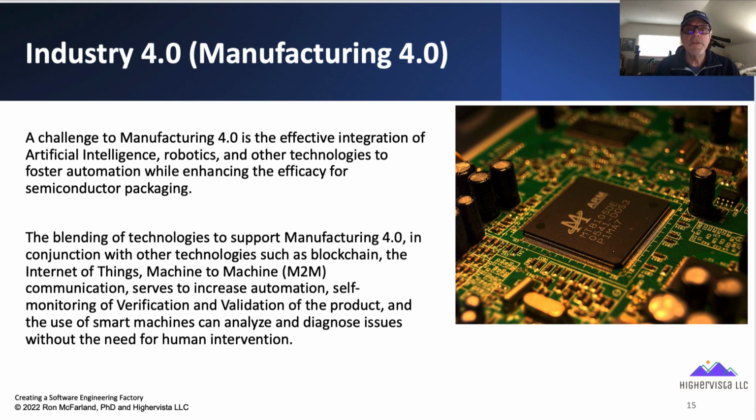Self-monitoring of verification and validation, we'll talk about that V&V at the end, and that's tied strongly to quality management. And the use of smart machines that can analyze and diagnose issues without the need for human intervention. So really, we're leaning towards a smart manufacturing environment with little human interaction.